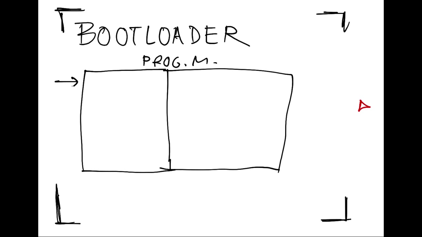Here we have the UART communication, which goes to the processor, and the program memory is divided in two parts. Here one is the bootloader, which is a read-only part of the program memory. Actually, you can write it with serial programming, but we will not do that.